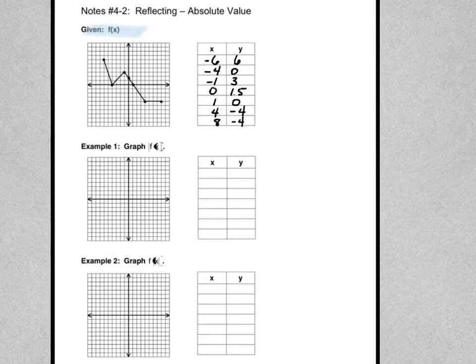So what I want to do is make some notes over here on the right and talk about absolute value. So when we have the absolute value of y, there are no negative y values.